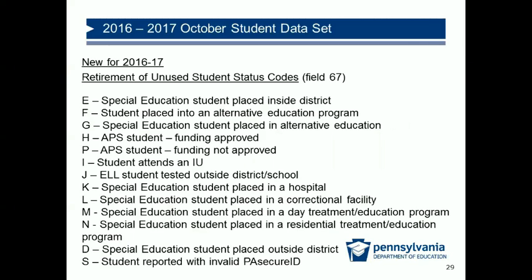These include E, special education student placed inside a district, F, student placed into an alternate education program, G, special education student placed in alternative education, H, APS student funding approved, P, APS student funding not approved, I, student attends an IU, J, ELL student tested outside district or school, K, special education student placed in a hospital, L, special education student placed in a correctional facility, M, special education student placed in a day treatment or education program, N, special education student placed in a residential treatment or education program, D, special education student placed outside the district, and F, student reported with an invalid PA Secure ID.